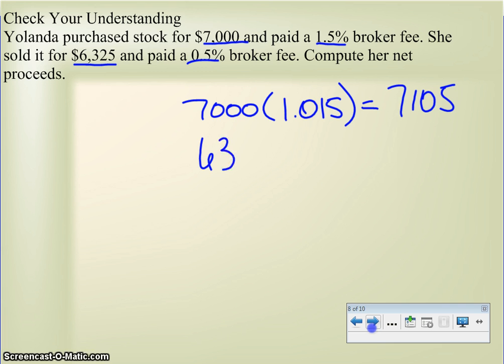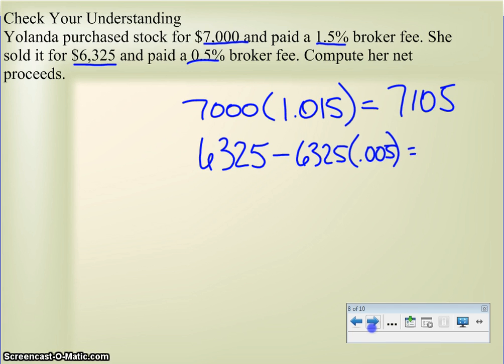Now she sold it for $63.25 and paid a 0.5% fee. So it's that $63.25 times 0.005, which is that 0.5% fee. Now we don't put a 1 in front of that because we're subtracting, we're not adding.